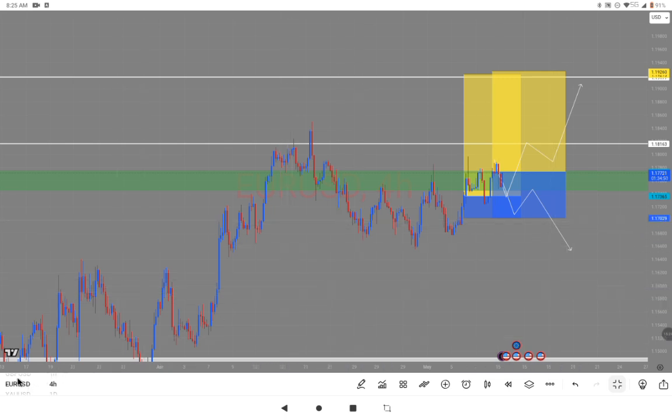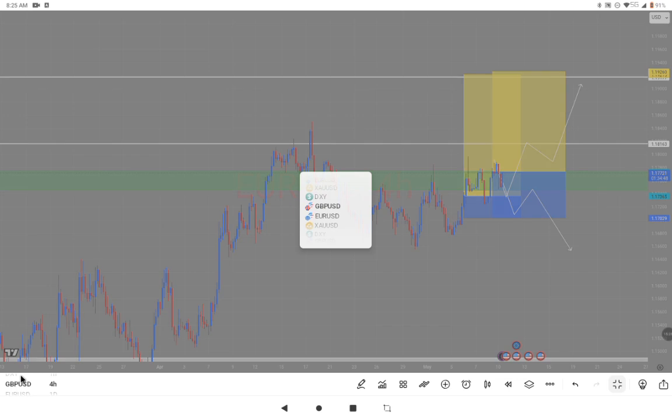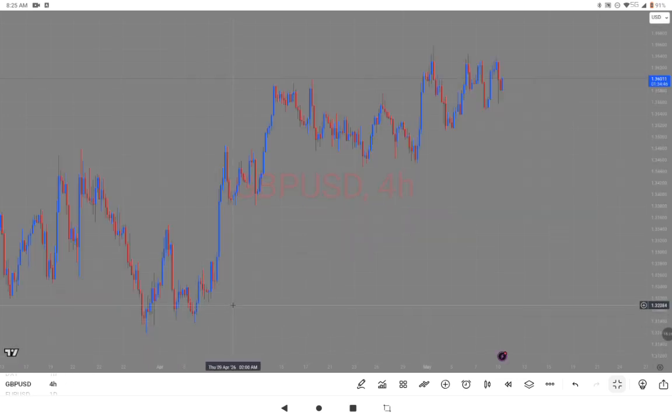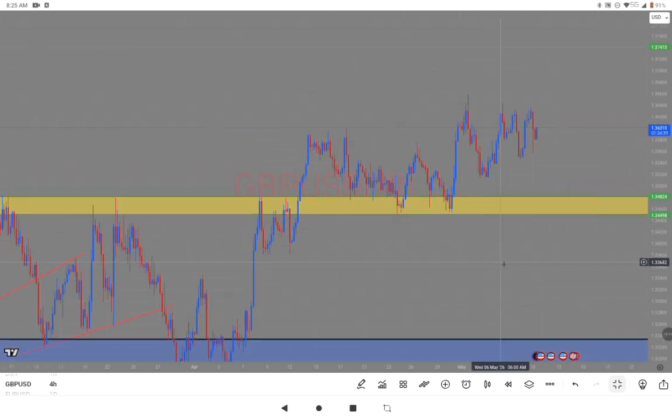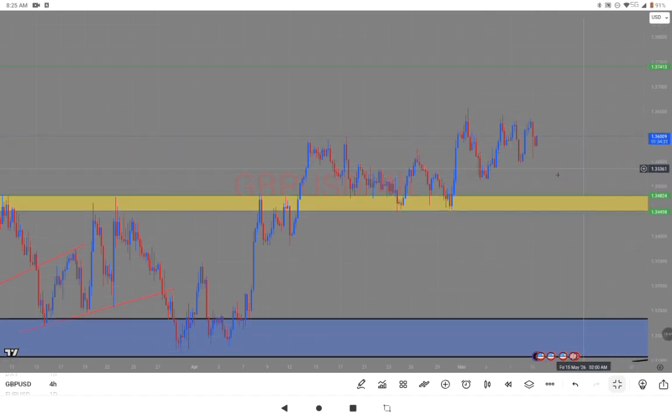So we'll move over to GBPUSD and see if we have any clear direction there, because as of last week GBPUSD didn't have any clear pattern to me. So I think the noise is still on GBPUSD, but anyway, I'm still expecting the market to bounce to the upside.